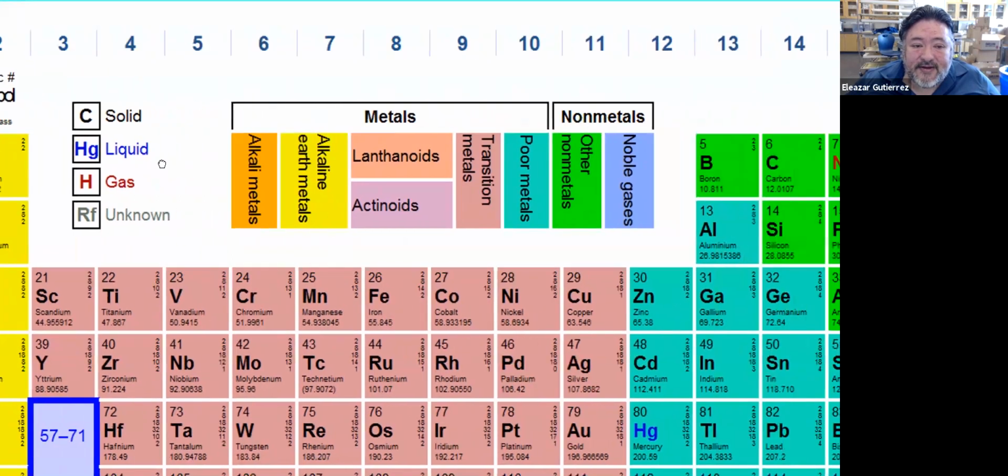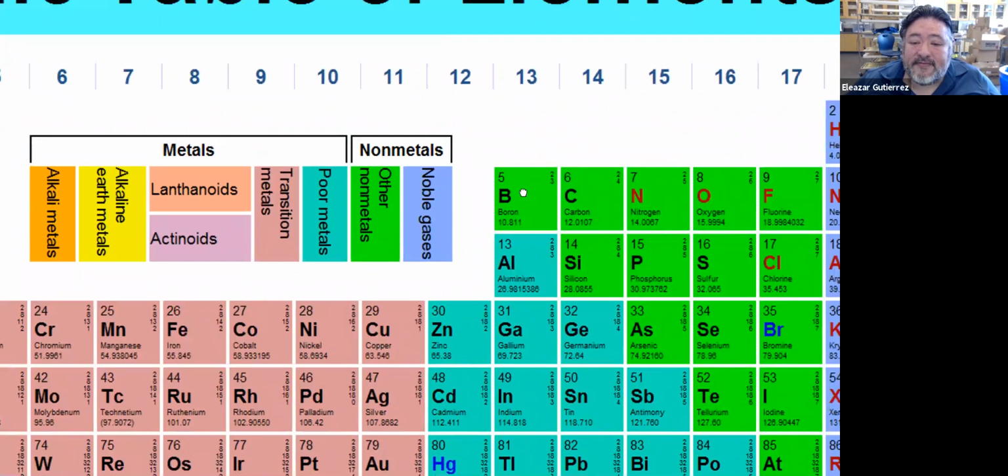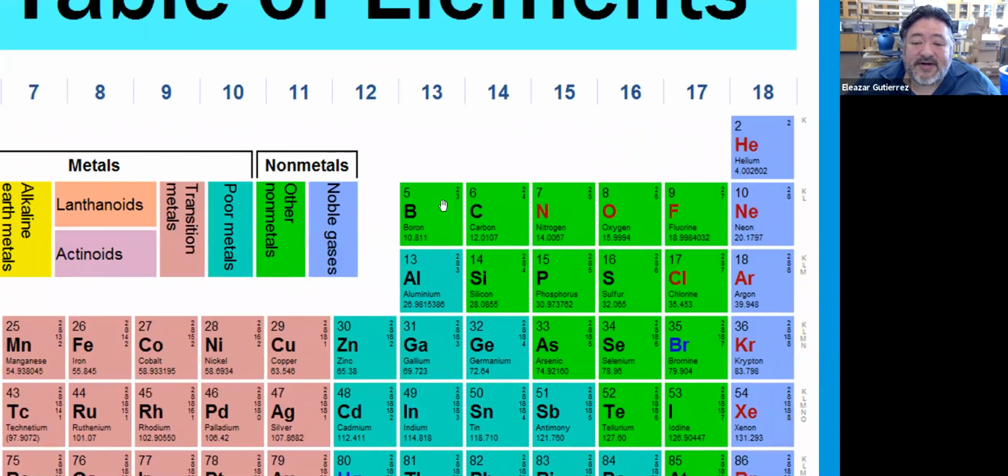Let's keep on going. Here's boron. How many valence electrons does it have? Well, its atomic number is 5. Therefore, it has 5 protons. Therefore, it has 5 electrons. But of those 5, 2 of them are happy. So 5 minus 2 is 3. So this guy has 3 valence electrons. Are you guys following what's going on?